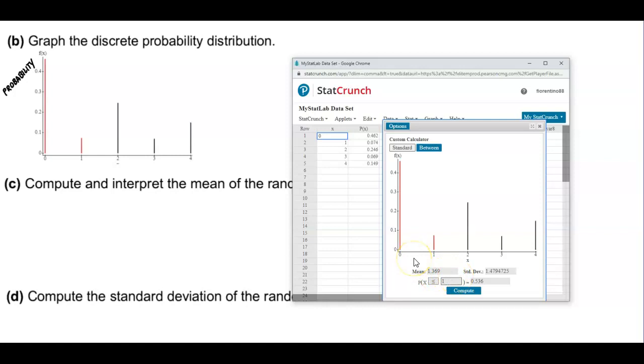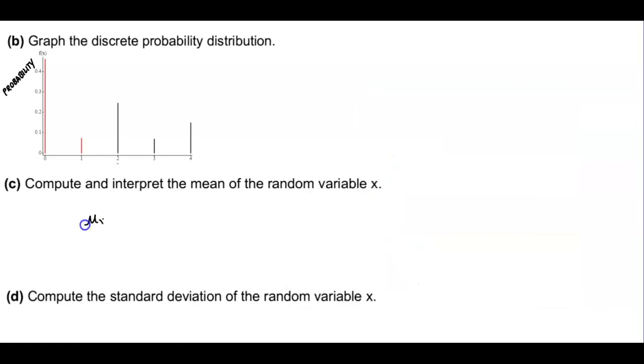So the mean of the random variable is 1.369 activities. This means that as the number of experiments increases, the mean of the observations will approach the mean of the random variable.